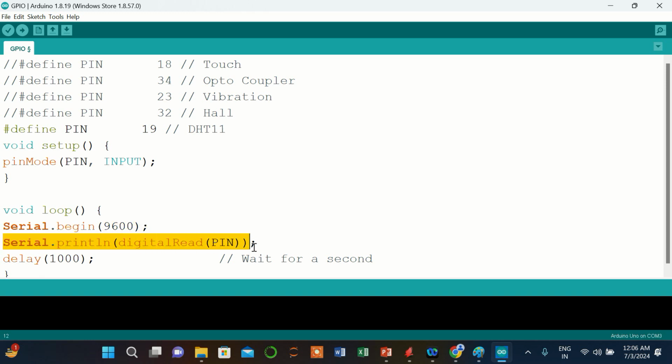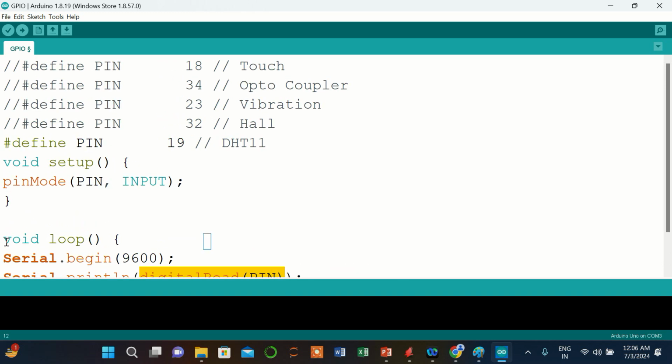That is the configuration. Then Serial print, that means read the data. Which data? This data: digital read, which means we are trying to read pin number 19.